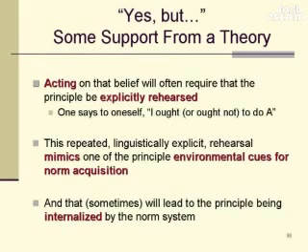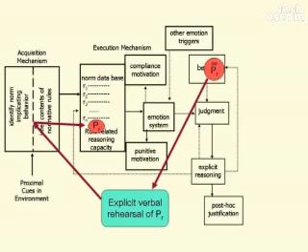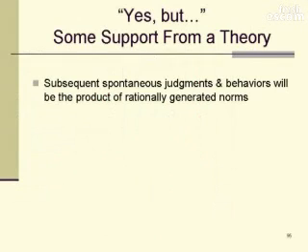So sometimes, at least, after repeated articulation, the principle does, in fact, get internalized. So the idea is this. Explicit verbal rehearsal triggers the acquisition mechanism, and you get something in there. All right. Well, now where are we?